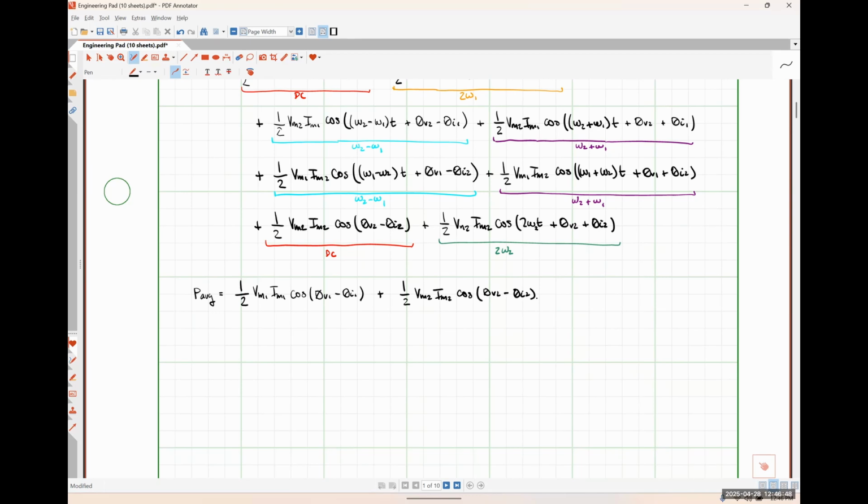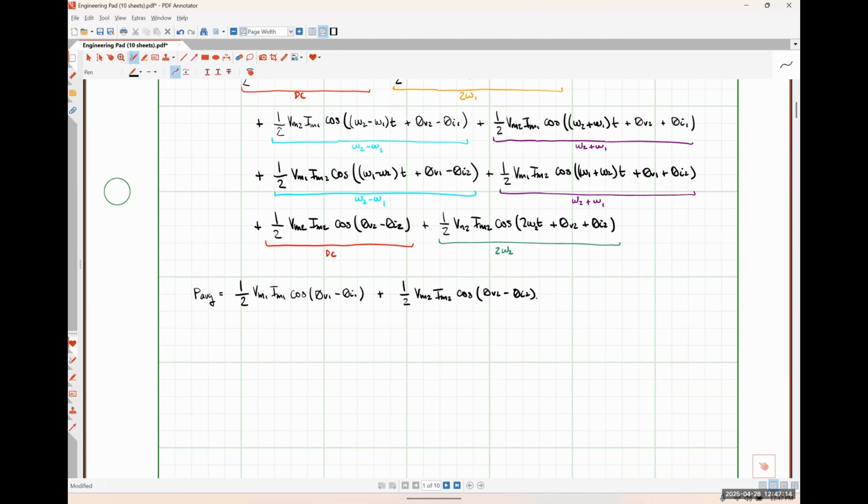What's really interesting about this expression to me is that essentially it looks like we were computing average power using superposition, okay? Meaning that we're just treating what's going on at our first frequency, calculating the power, treating what's going on at our second frequency, calculating the average power, and then adding those two things up.